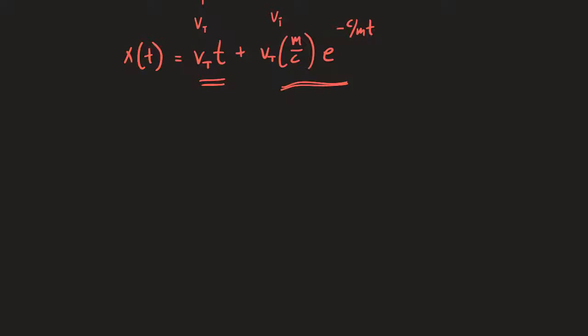What's funny about this is at time 0, this is 1, and the whole thing is governed by this term here at time 0, because this term goes away at time 0.